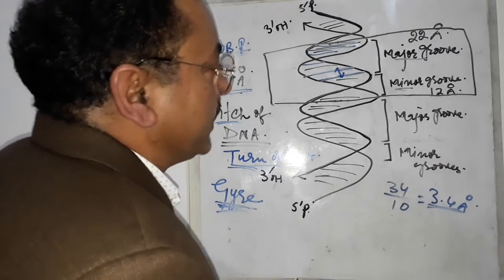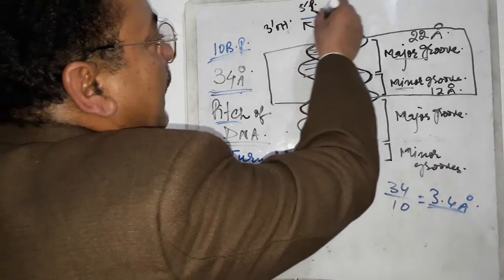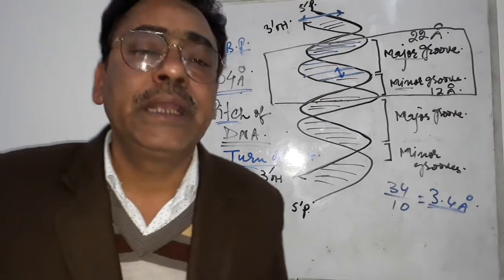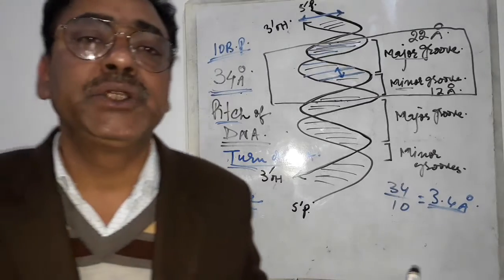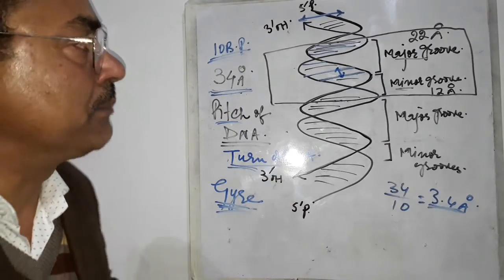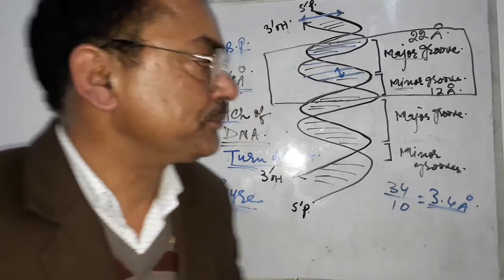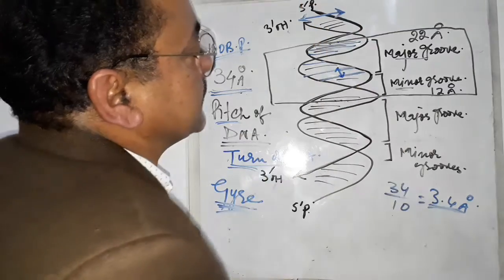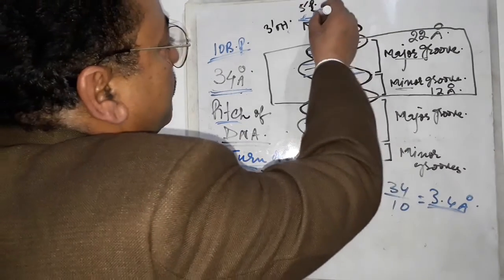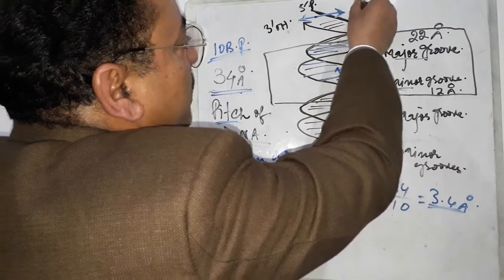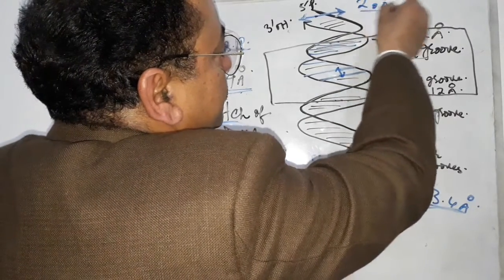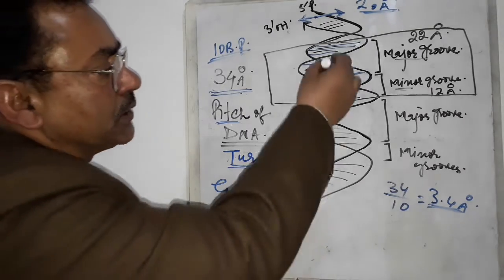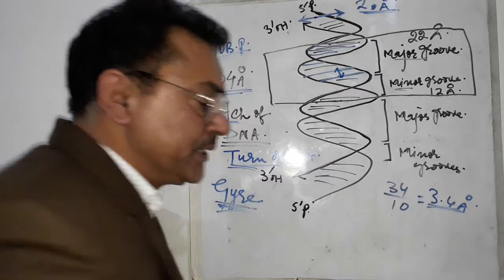And one important point here to remember is the diameter of the DNA double helix molecule. In the usual form, that is the B-DNA form as proposed by Watson and Crick, this diameter of the DNA corresponds to 20 angstroms. So 20 angstroms is the diameter assumed by usual form of DNA, that is B-DNA form.